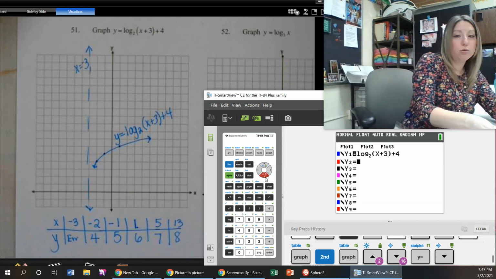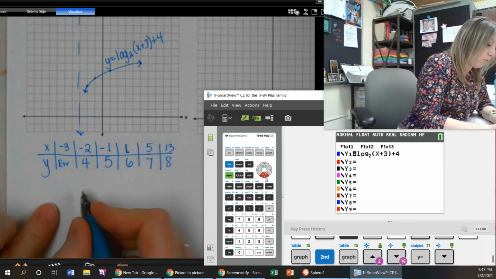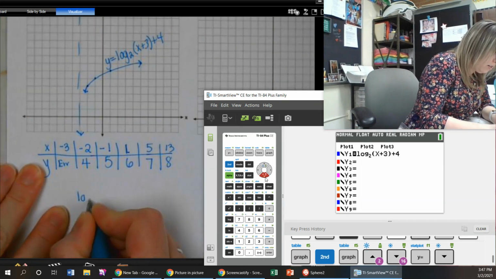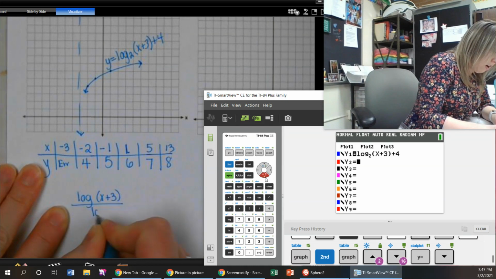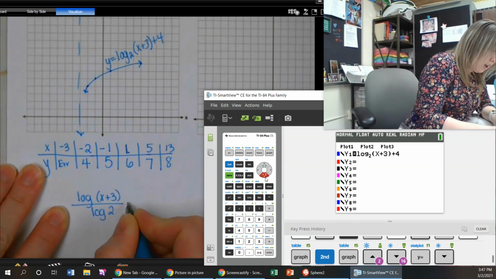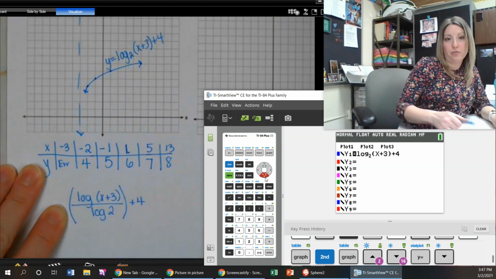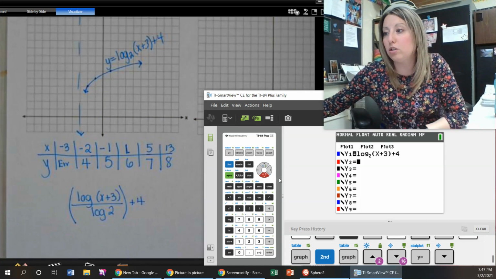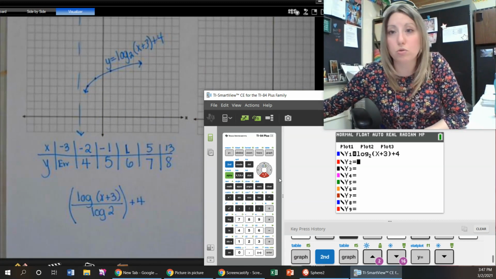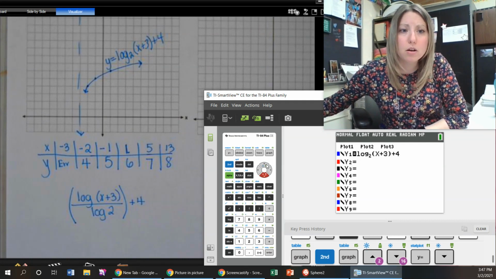So when you go to enter this, if you're wanting to use change of base, it's log of x plus 3 divided by log of 2, the base, and then this +4 is off to the side, and this whole thing needs to be in parentheses. So you're going to have to be careful if that's what you choose to use.